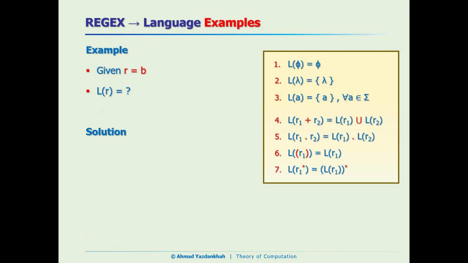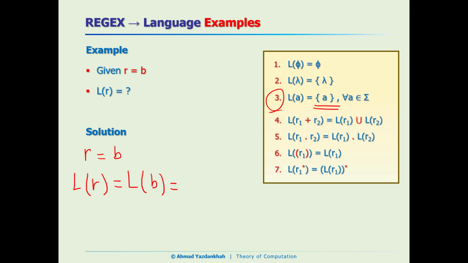The first example is very easy. R is equal to B. We are looking for L of R, or L of B. Which rule do we need to use? Rule number 3 can resolve this problem.